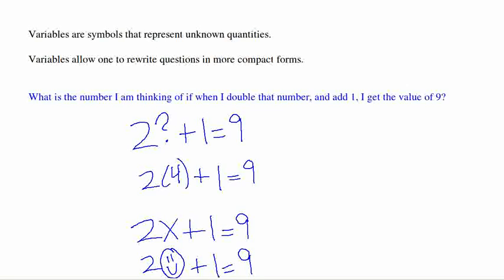Okay, so why don't I write some equations using single letters for variables, and let's see if just by staring at it and thinking really hard you can determine what the unknown quantity is.